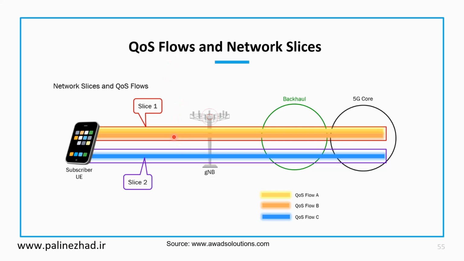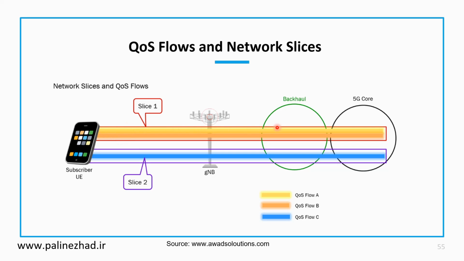Here you see that we have a slice 1 from UE to 5G core, and it goes through the gNodeB and backhaul, and a slice 2, it again goes through backhaul to 5G core, and it's an end-to-end slice. And in each slice we can have several QoS flows.